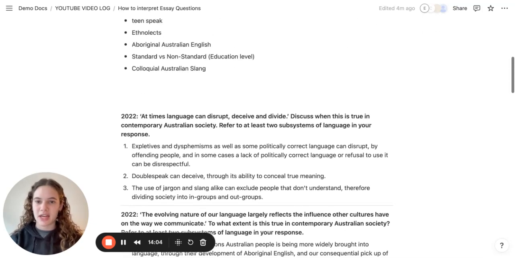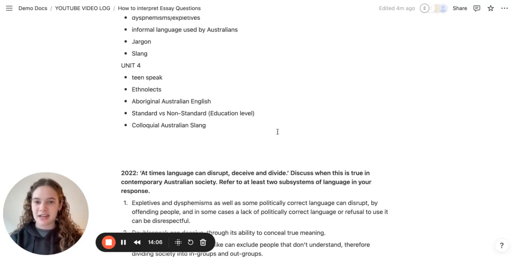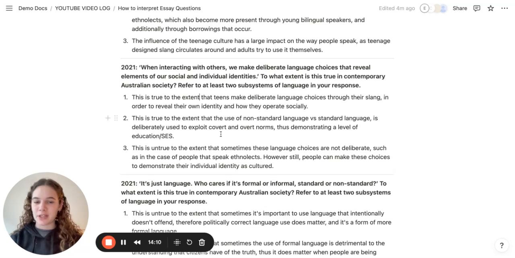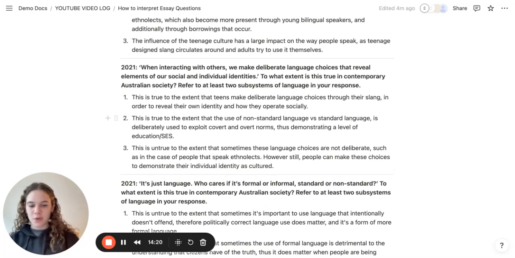Then it's also true to the extent of non-standard language versus standard language. So we've gone teen speak was the first one, then standard and non-standard, so the educational level, deliberately used to exploit covert and overt norms. People use standard or non-standard, specifically politicians, to intentionally demonstrate their educational level. So I might intentionally use big smart words to demonstrate my high educational level.